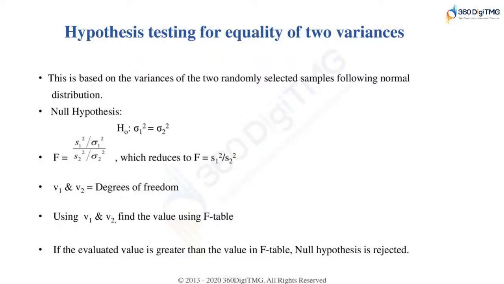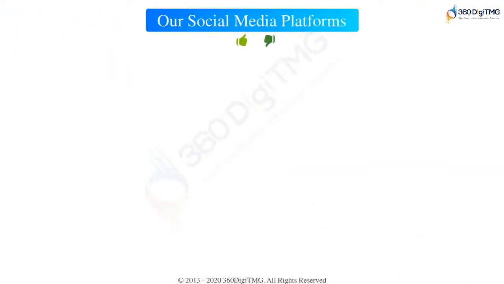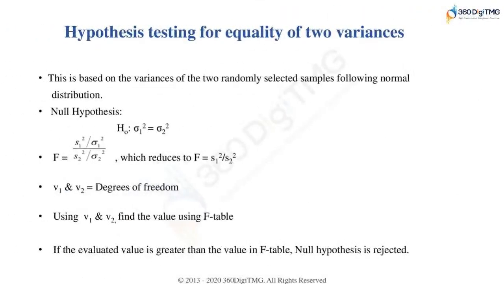Using V1 and V2 degrees of freedom, we use the F table to find the F critical value. If the F calculated value is greater, we reject the null hypothesis. If it is lesser, we accept the null hypothesis. So that is effectively what it is.